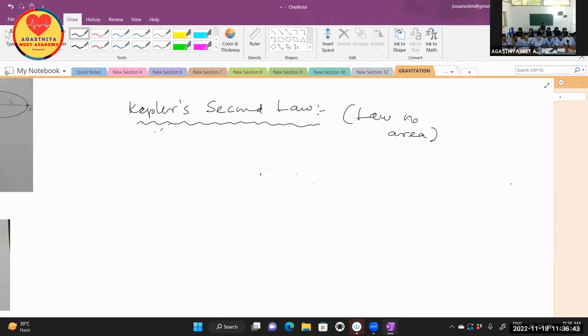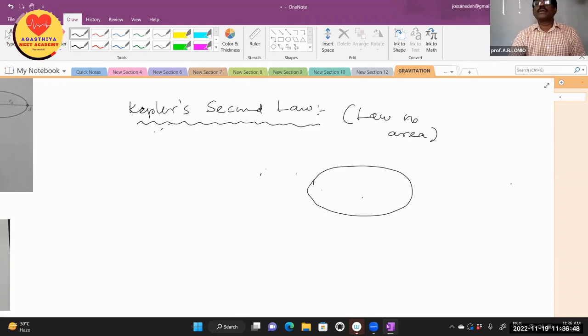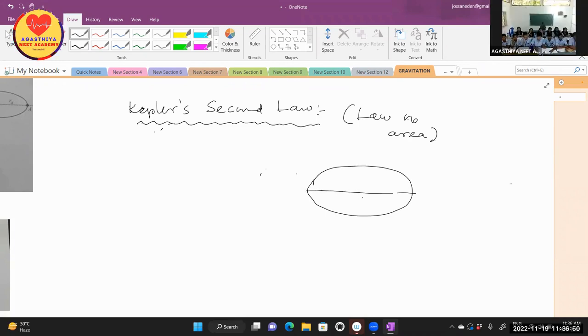Consider that this is an ellipse. Usually, the sun will be at either one of the foci, either this side or that side. Let us consider the sun is placed here. Consider any planet moving from one point to another point, say A. This is the radius vector.